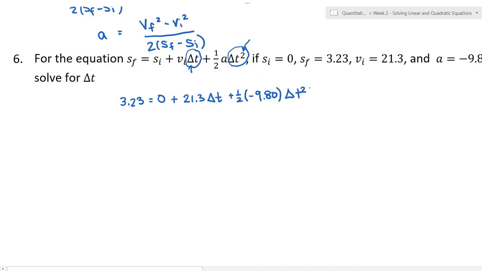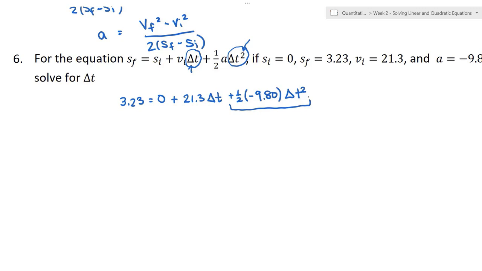So remember that when you're using the quadratic formula, everything needs to be in standard form, which means that the delta T squared term comes first. So I'm going to rewrite everything in the correct order. So all of this needs to be moved to the other side of the equation.